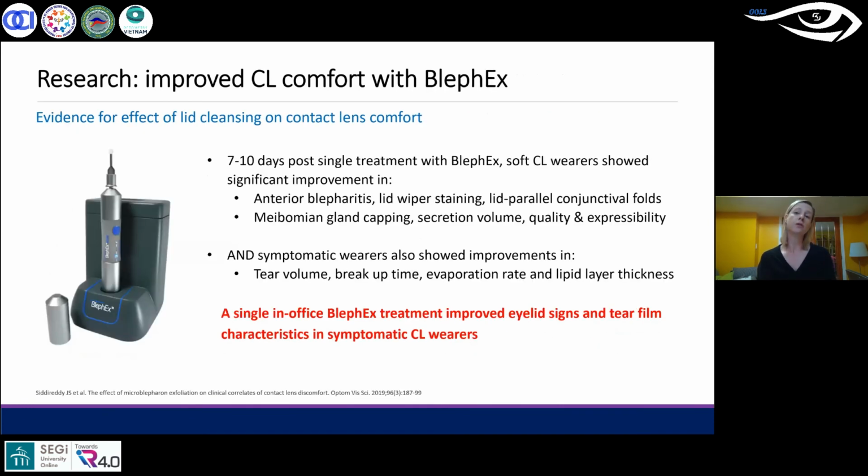We can also clean up their lid margins. This study used the BlepEx exfoliating device, and it made a difference in the clinical signs that were visible for Meibomian gland dysfunction and blepharitis in these contact lens wearing patients.